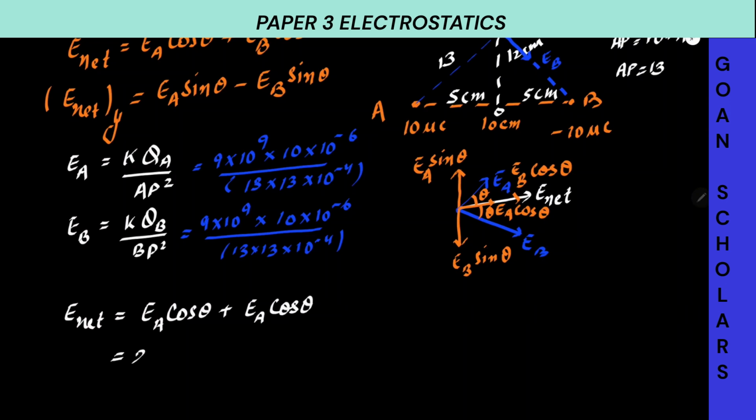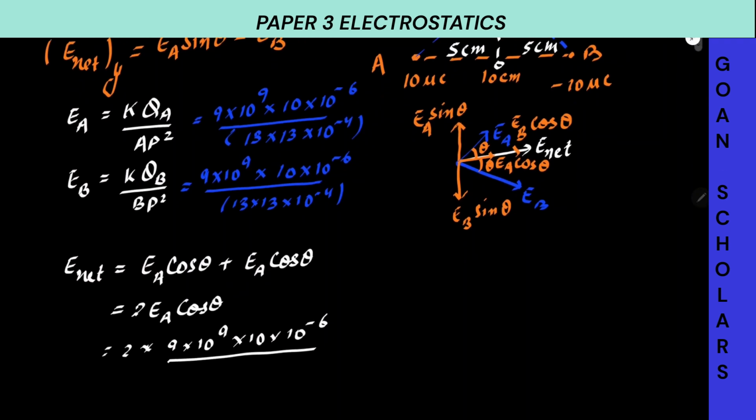Now let's make it 2 EA cos theta, because 1 apple plus 1 apple is 2 apples. Now this becomes 2 into, what is EA? EA is nothing but 9 into 10 to the power 9 into 10 into 10 to the power minus 6, whole divided by 13 into 13, 169 into 10 to the power minus 4.